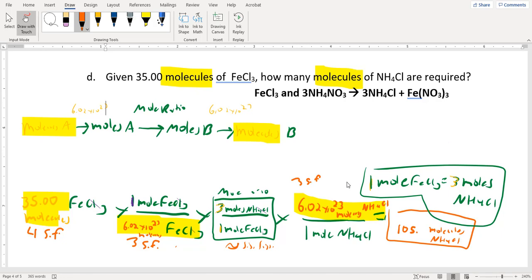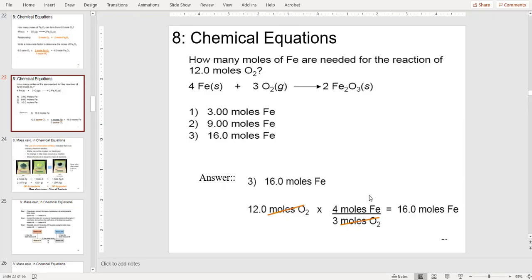So that's stoichiometry. And this is the size that you could be expecting on future quizzes and exams. Let's now go straight to the slides and show you some more examples. So this is slide 23.